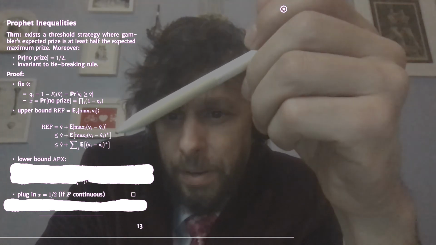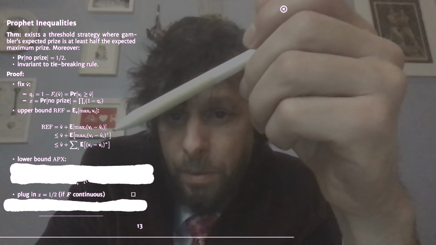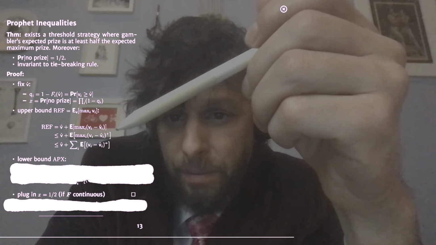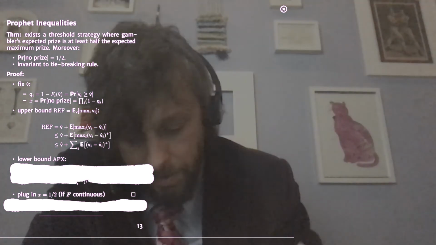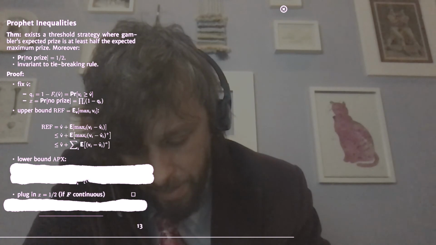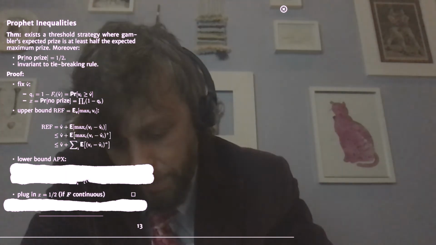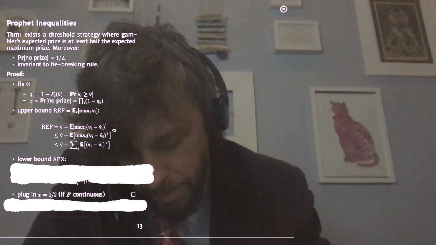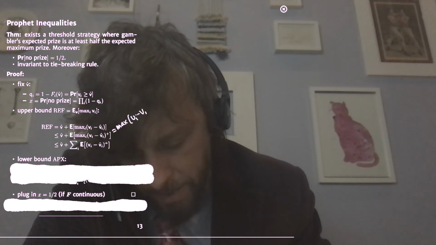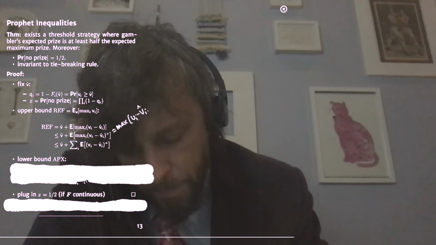Now I'm going to get an inequality by only taking this value, max of vi minus vi hat, when it's non-negative. So I'm going to define this notation. This notation means the max of vi minus vi hat and 0.